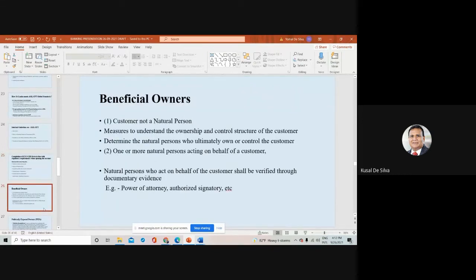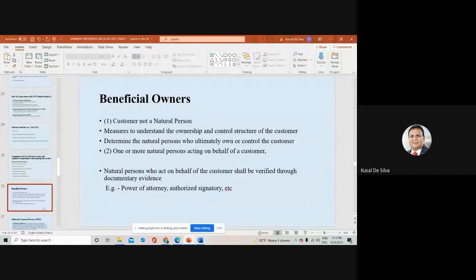Then we will move to beneficial owners, where the customer is not a natural person. Measures must be taken to understand the ownership and control structure of the customer, and to determine the natural person who ultimately owns or controls the customer.